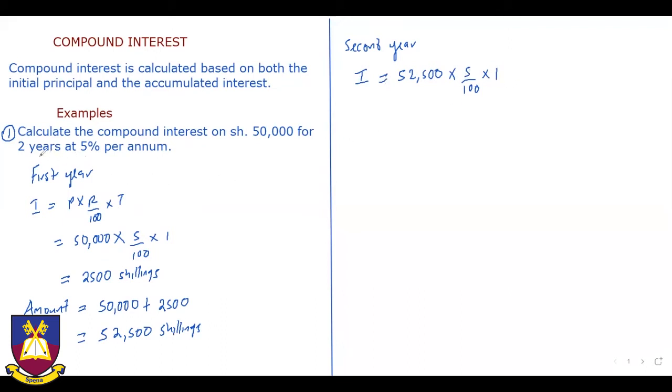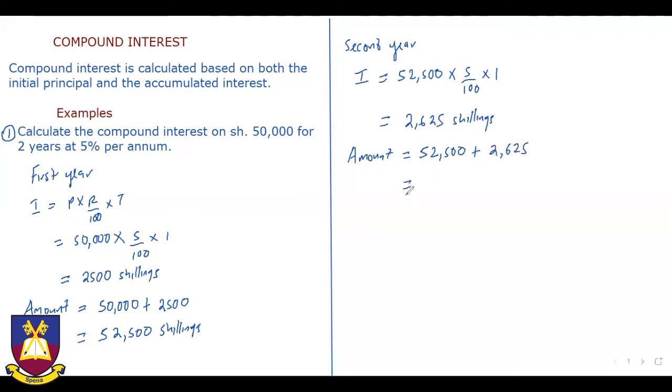We've broken this period into 2 steps. So this will give us an interest of 2,625 shillings. So we need to get the amount at the end of the second year, which will be the principal, 52,500, plus the interest we have got.